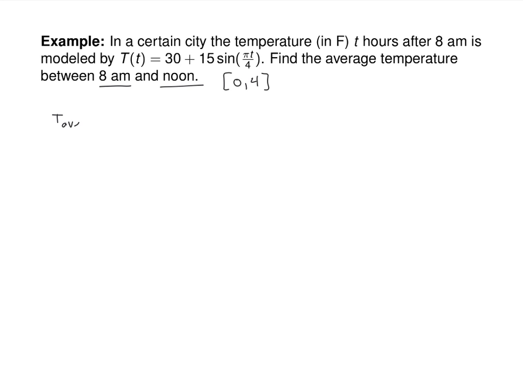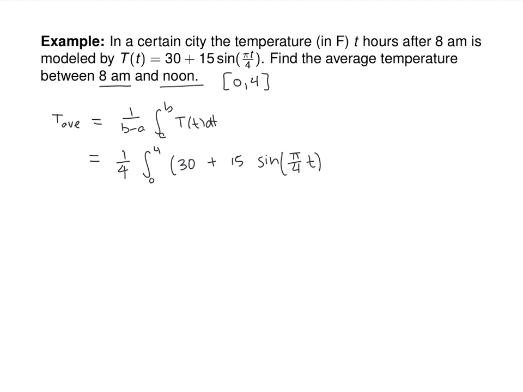So Tav will equal 1 over b minus a, integral a to b, T of little t dt. Okay, so in our case, we'll have 1 over 4, integral 0 to 4, 30 plus 15 sine of pi over 4 t.